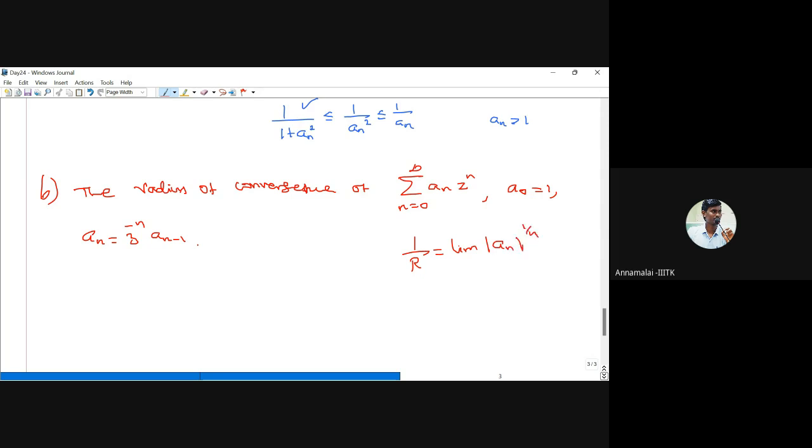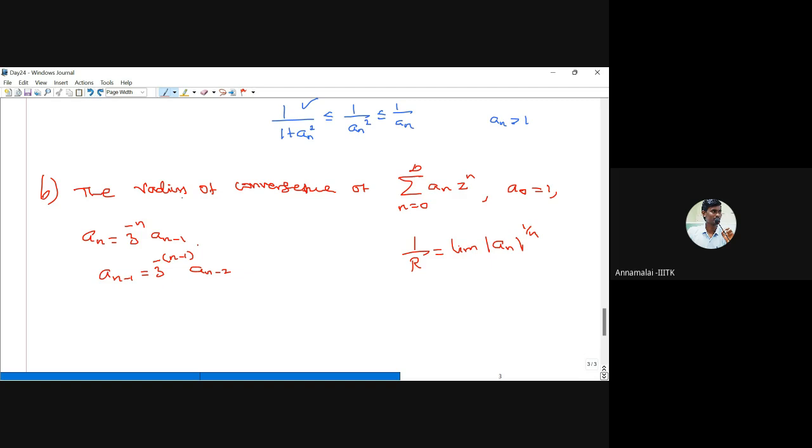Okay. Now from this, what is the value of this limit? So again, you can rewrite this one. What is an minus 1? It is nothing but 3 power minus of n minus 1 times an minus 2, because this is a recursion. If you substitute n equal to n minus 1, you will get this one.